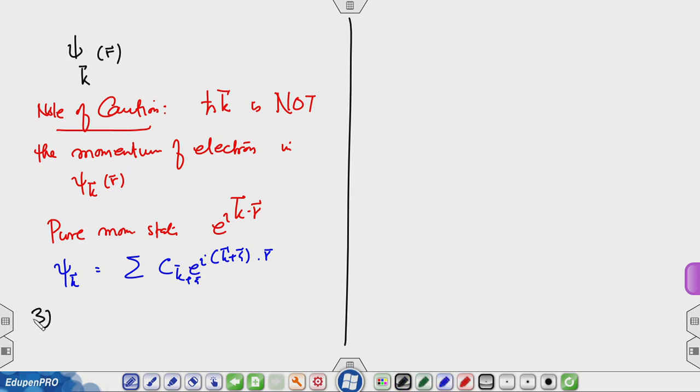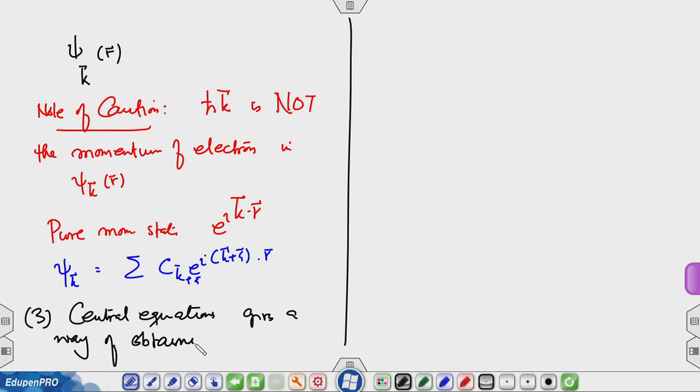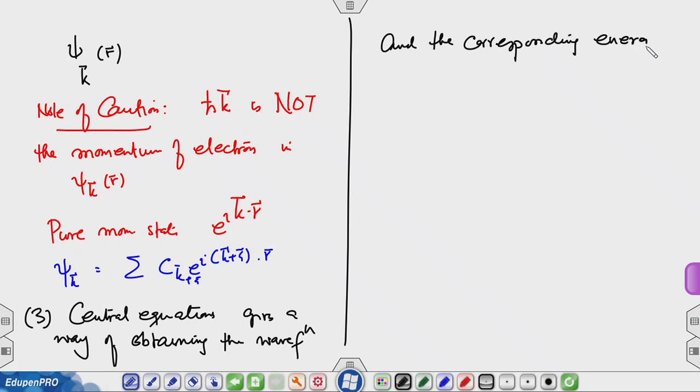Point number 3. The central equation gives a way of obtaining the wave function and the corresponding energy E by taking a finite number of plane waves.